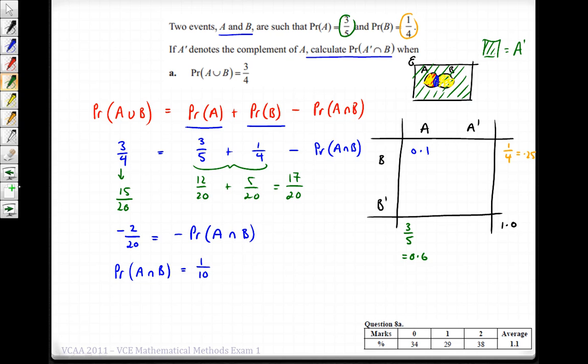So we want the probability of A dash intersecting B. We want this element right here. So we just need to find what adds to 0.1 to give 0.25, and that should be 0.15.